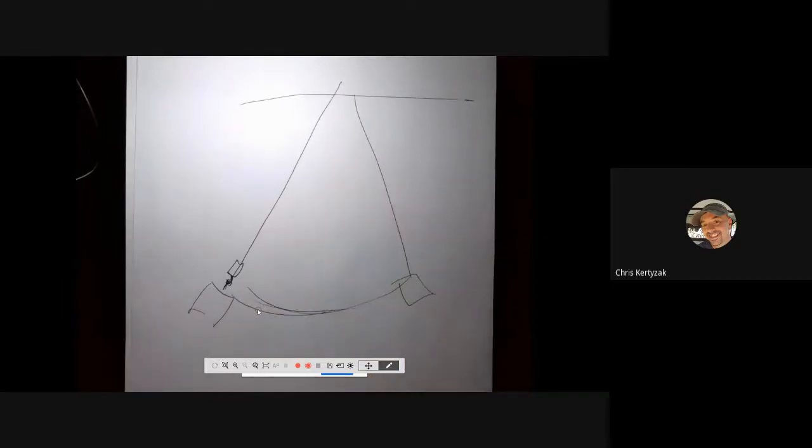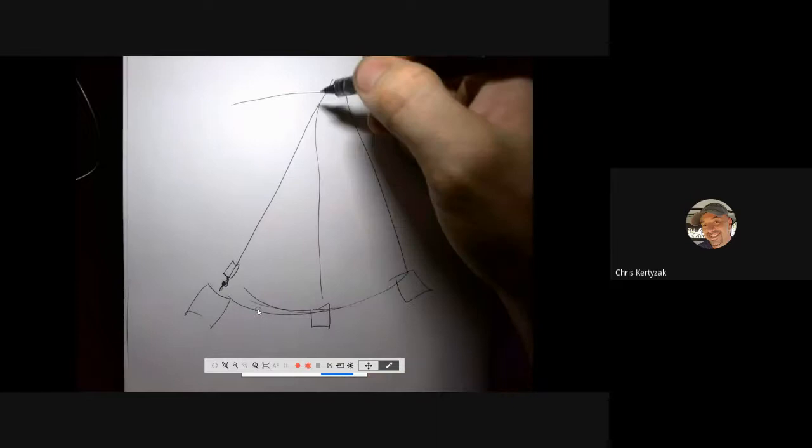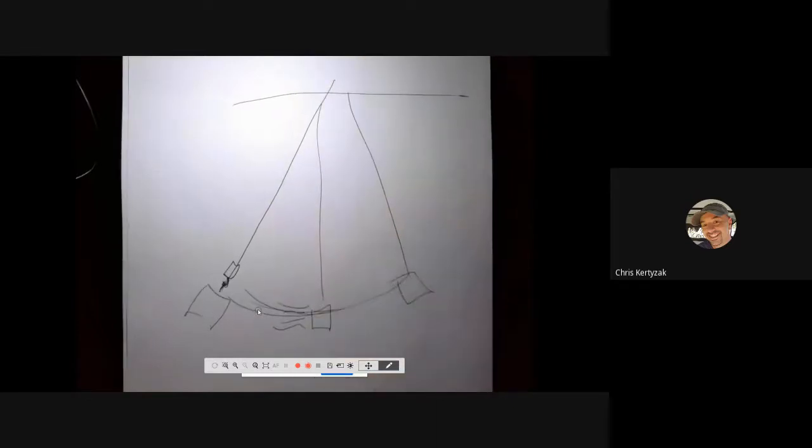And we saw that the tension actually varied when the speed was greatest, which was down here.